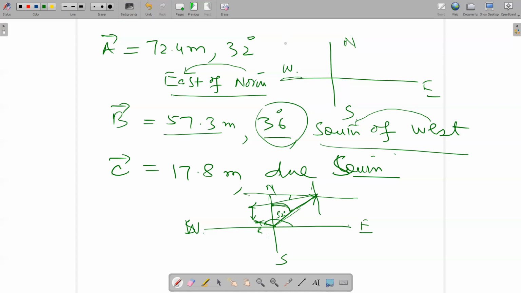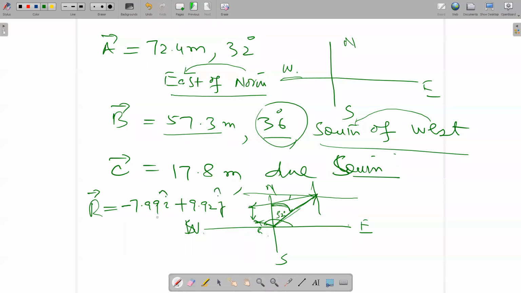Can you write the answer to check if it's right or not? I didn't solve this one, actually. Okay. Maybe I have solved. Here, the answer vector R is minus 7.99 i plus 9.92 j.